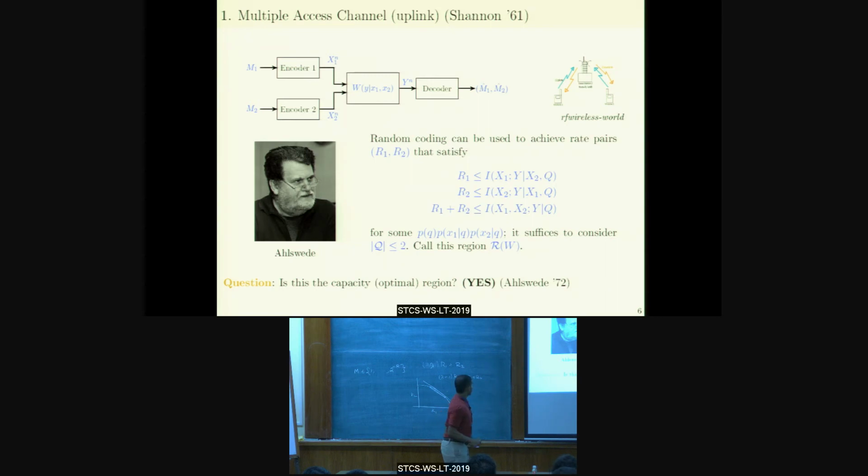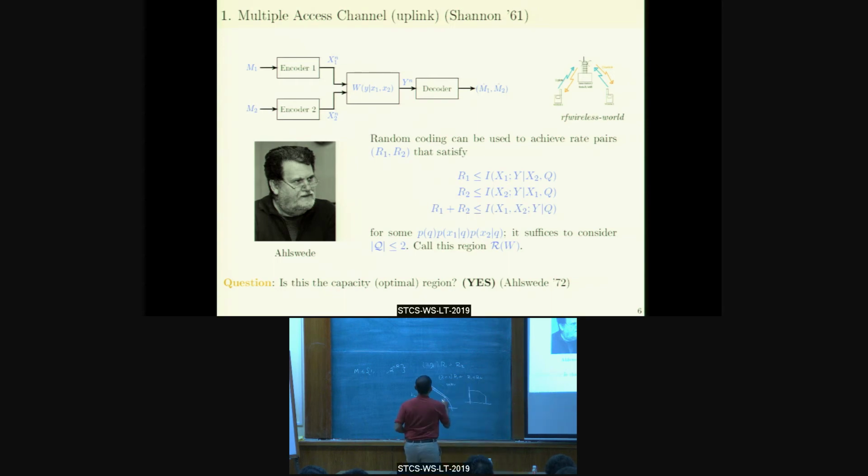This region, if I draw it, will always look like a pentagon for any P of x1, x2. Which means that to get the maximum over this region, it's enough to look at the first and third inequalities. Those are the tight constraints. So R1 becomes I(X1;Y|X2,Q), and R1 plus R2 becomes I(X1,X2;Y|Q).